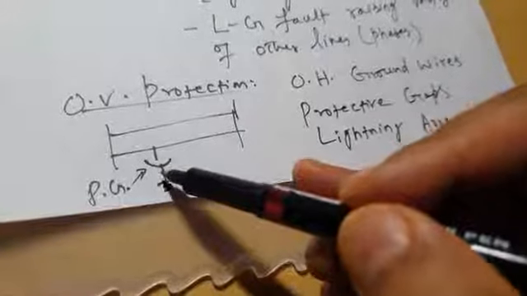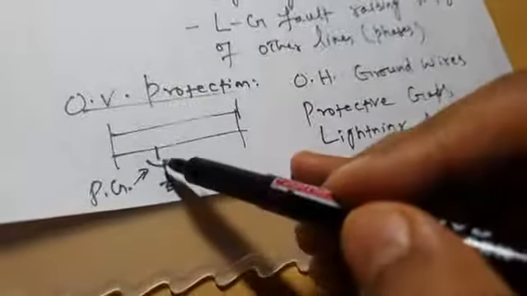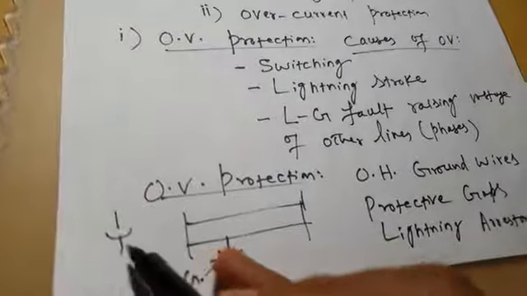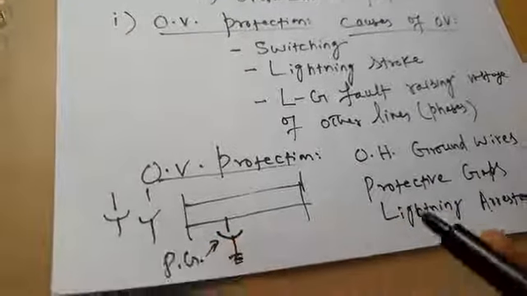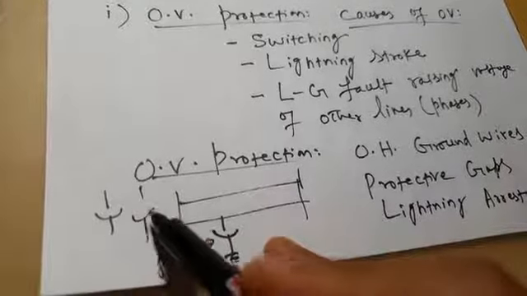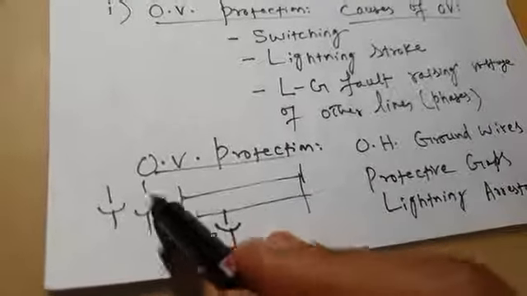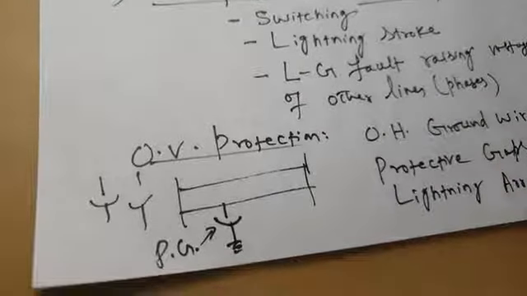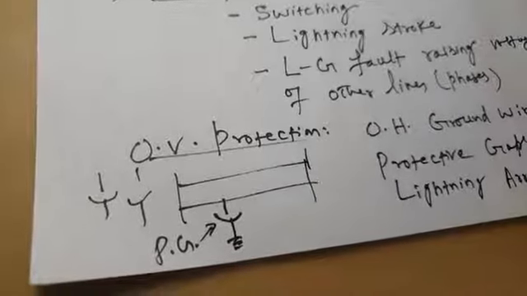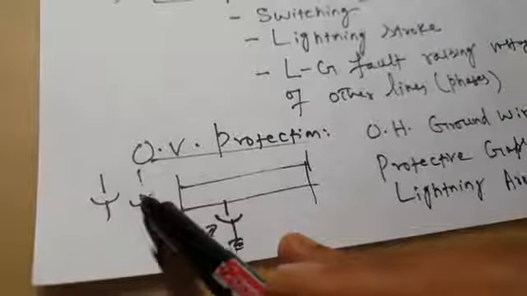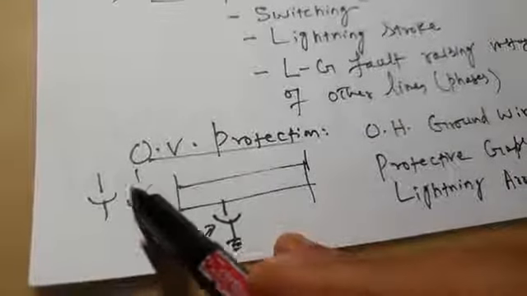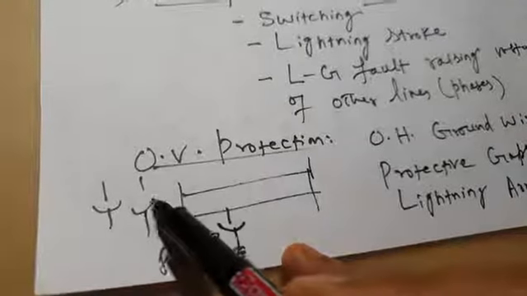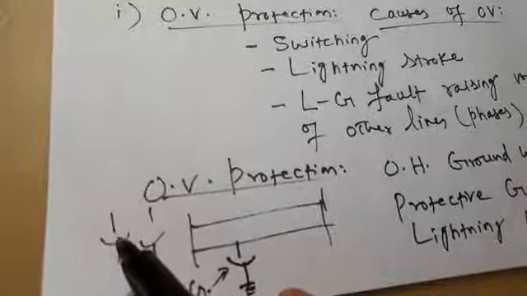There is a mechanical arrangement by means of which, if this is your normal gap, you increase the gap mechanically, so the air gets automatically deionized. So to deionize the gap at normal voltages, you have to increase the length or the spacing of the gap, and once the gap is deionized, then you restore the normal gap.